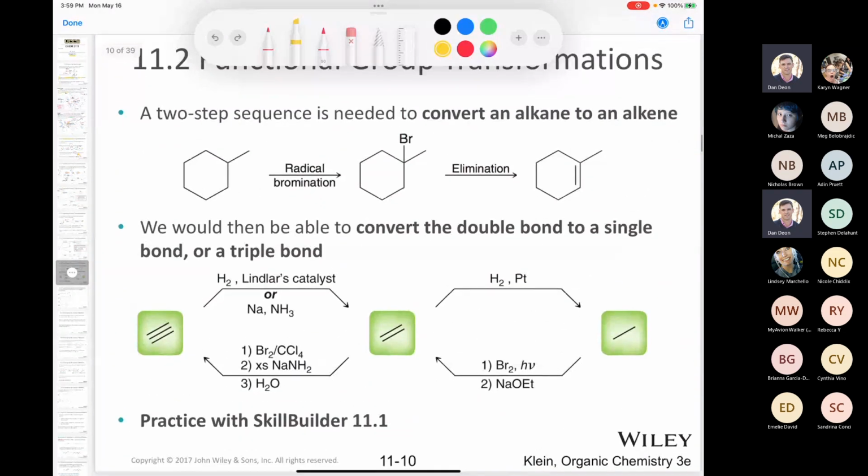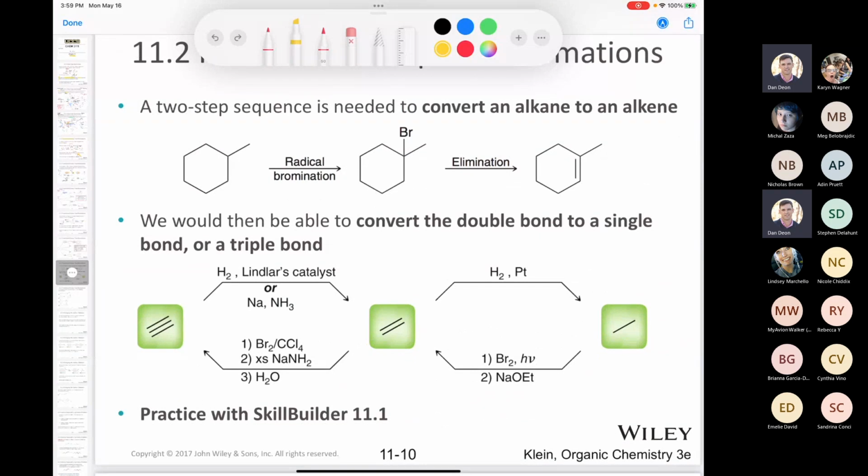Let's see here. There's nothing really new on here in terms of what we talked about today, but one reaction stands out, and we only covered it once today, and that is radical bromination. For your first quiz in Organic Chemistry 2, just like Organic Chemistry 1, in order for you to do anything with a hydrocarbon, it always has to start with a radical bromination.